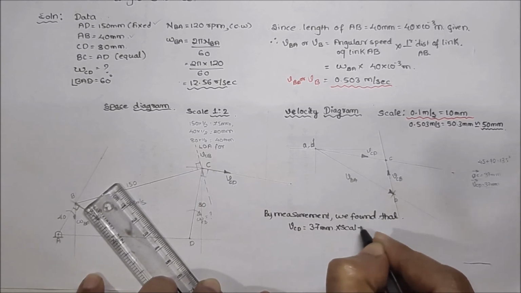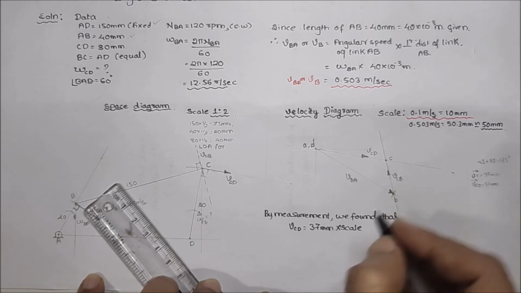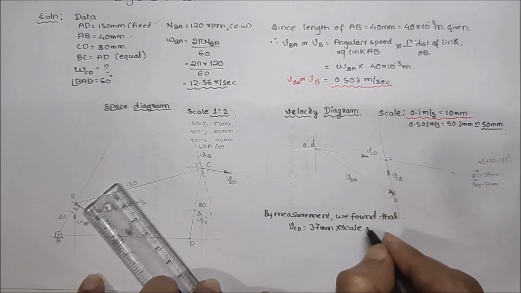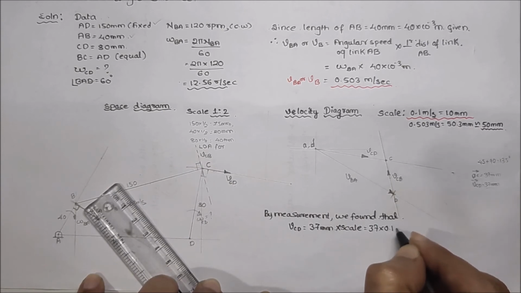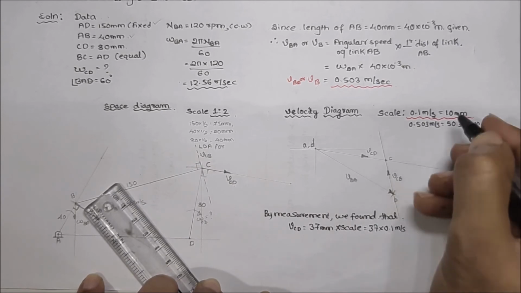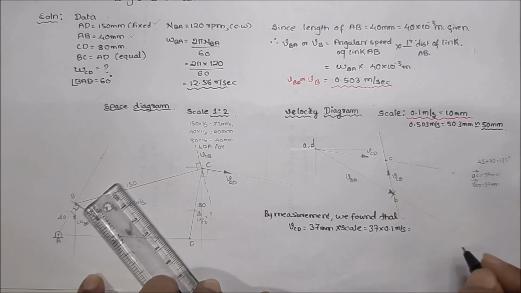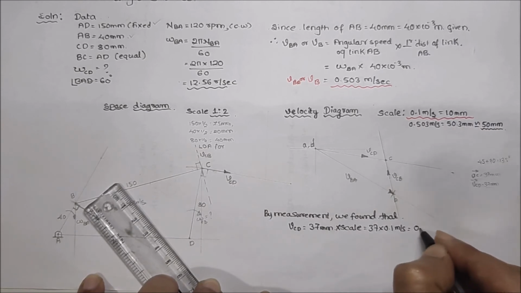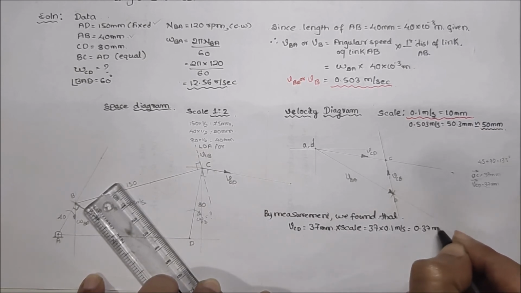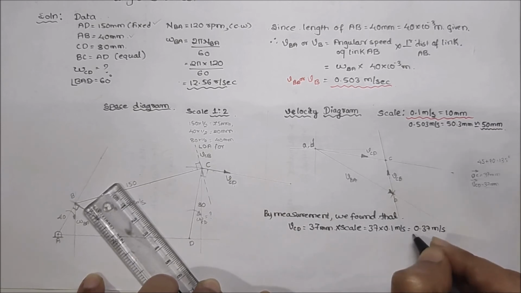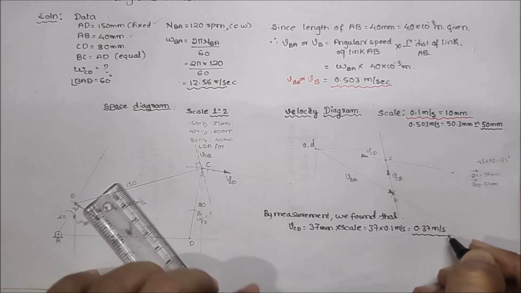So I told you why we are going to use a scale. What scale? So scale here is this one, that is 37 multiplied by 0.1 meter per second, not 10, so 0.1 meter per second, so it will be 0.37 meter per second. So we got this answer, 0.37 meter per second.